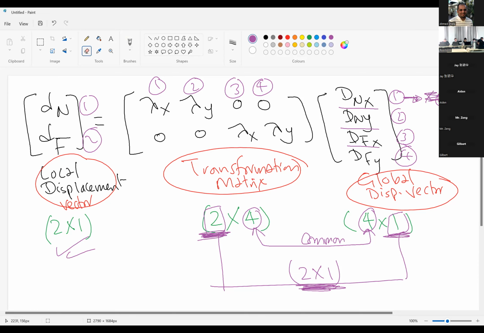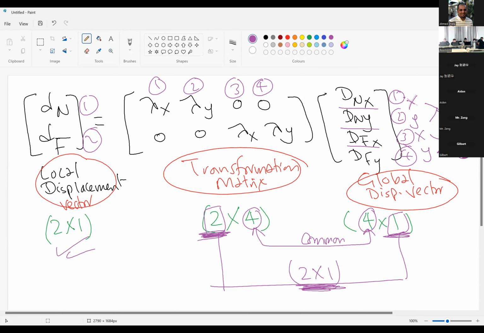You cannot change the numbering or the orientation of the unknowns. So 1 and 2 are displacement in the X and Y directions for node 1, and 3 and 4 are X and Y for node 2.